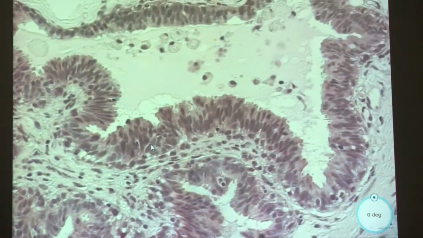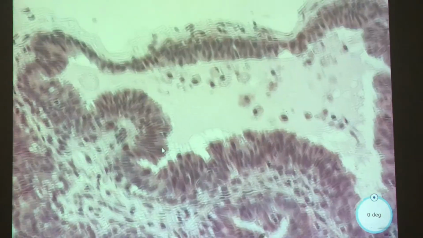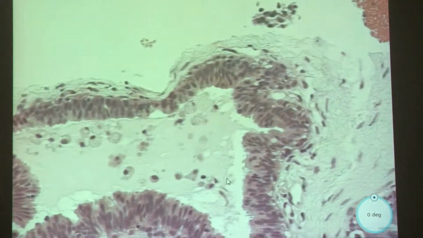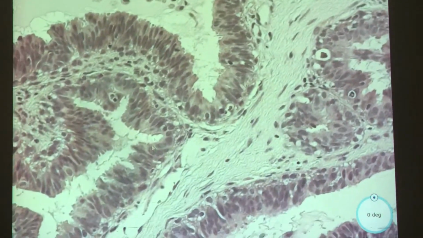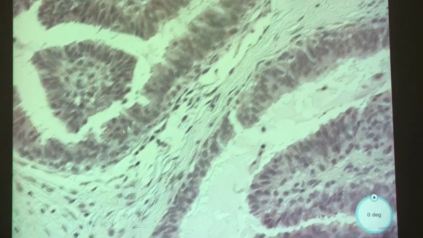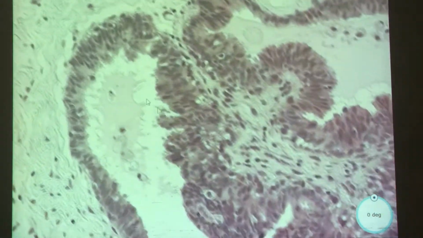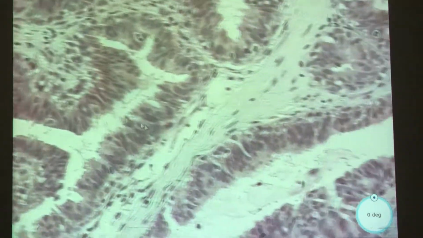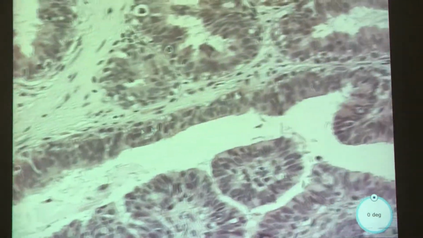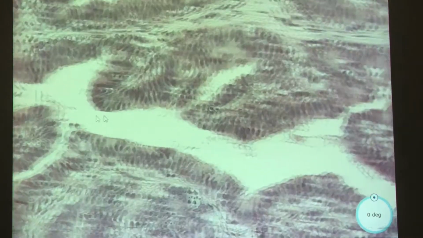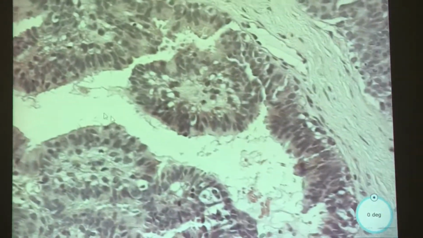So we want things to look a little different. We want them to be crowded, overlapping, almost like a dog pile where everybody's smushed on top of each other, but still maintaining myoepithelial layers where they're supposed to be, and generally the polarity is maintained, right? Because that also helps you.